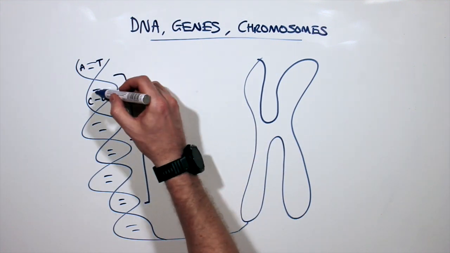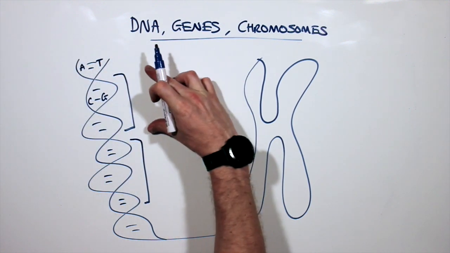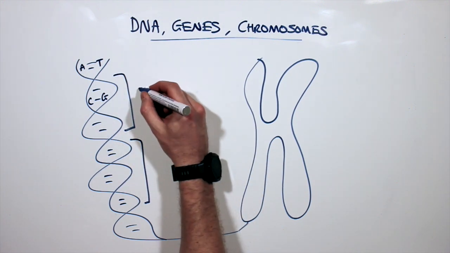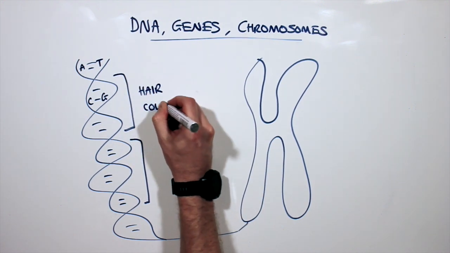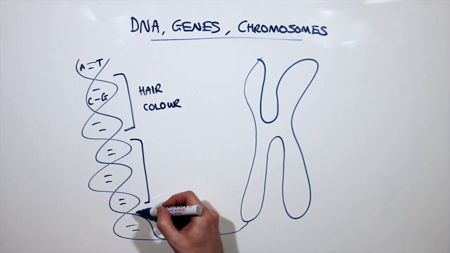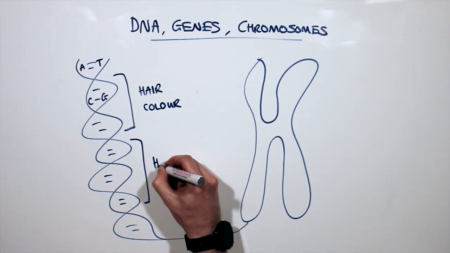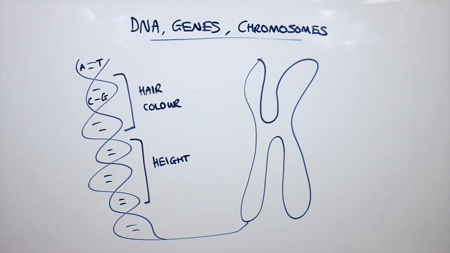For example, the combinations of A's, T's, C's and G's in this section of the DNA double helix might code for something like hair color. And the next section of the DNA double helix might then code for a different trait, such as height.